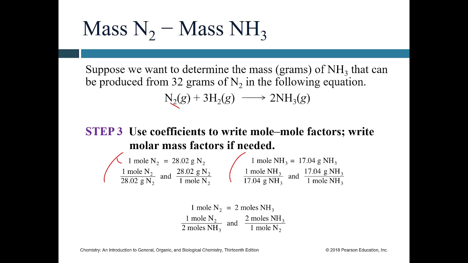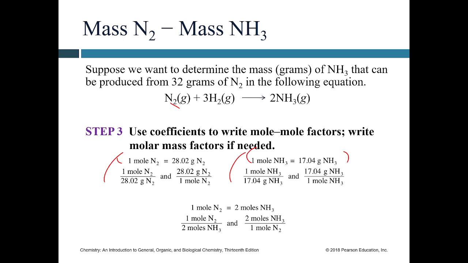Then we add 3 hydrogens to that. And so we end up, if we don't round off the end of it, at 17.04 grams. Okay, so 17.04 grams of NH3 equals 1 mole of NH3.